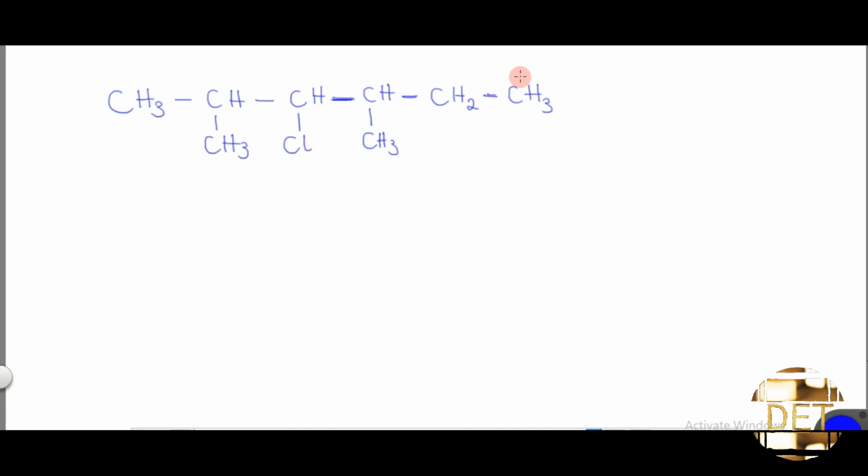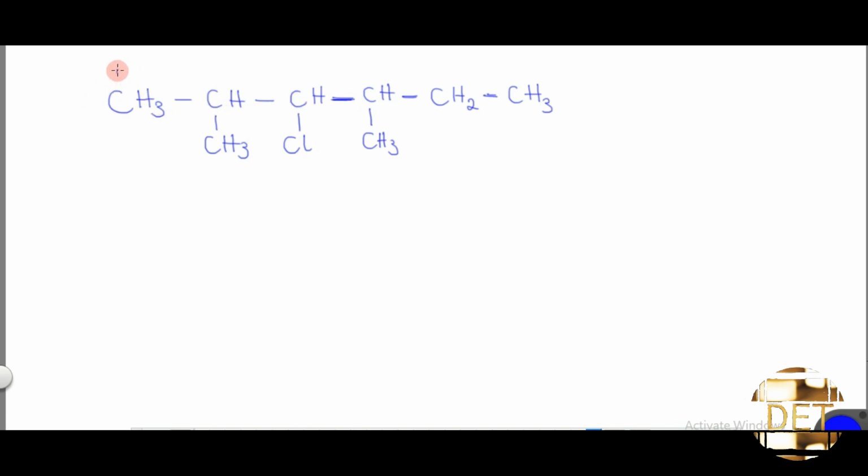If I start numbering from here, it will be 1, 2, 3, so this methyl group will be at position 3, this chloro group at position 4, and this methyl group at position 5. But if I start numbering from the other side, this will be at position 2, this at position 3, and this at position 4. So the lowest numbers are assigned from this side, and I'll start numbering from here.